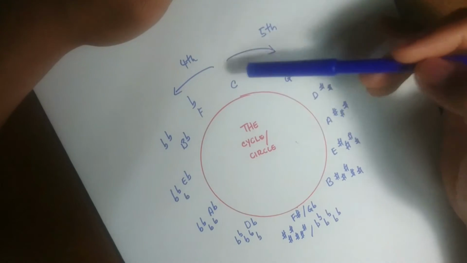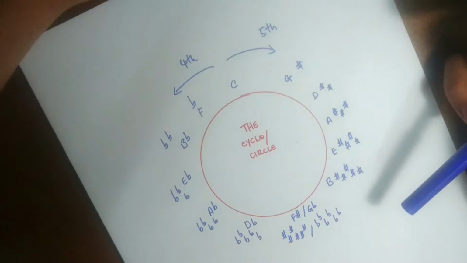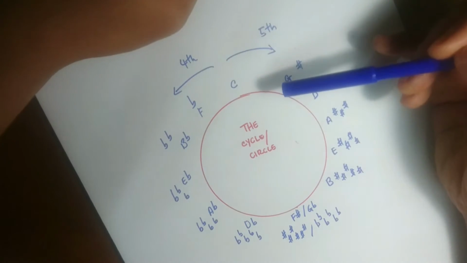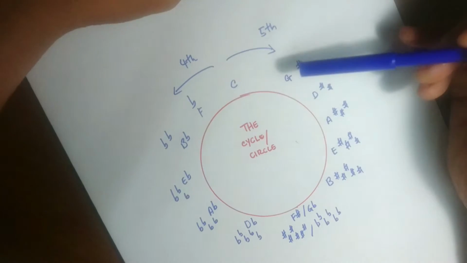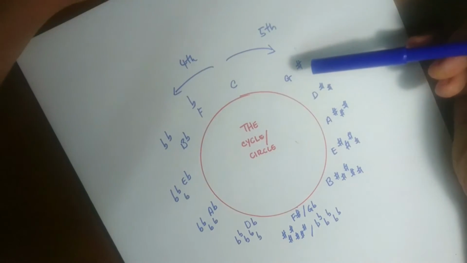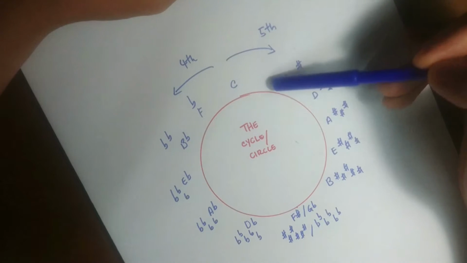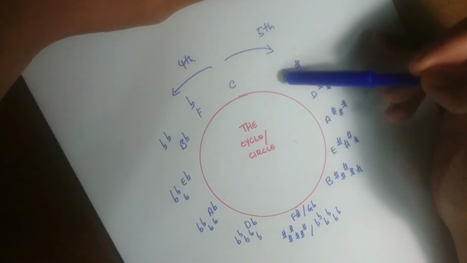We now know that every one of the scales, starting from the C major scale, contains two tetrachords. The first tetrachord means the first four notes of each scale. So the C major scale contains the first four notes of the C major scale, C, D, E, F, combined with the first four notes of the G major scale. So C, D, E, F in the C major scale, and then G, A, B, C.